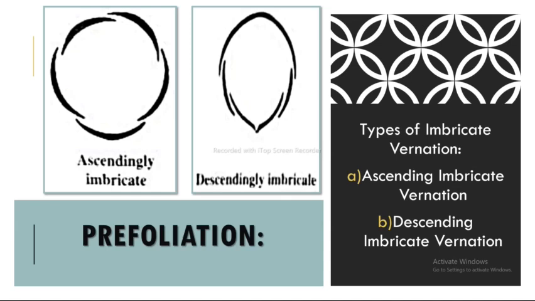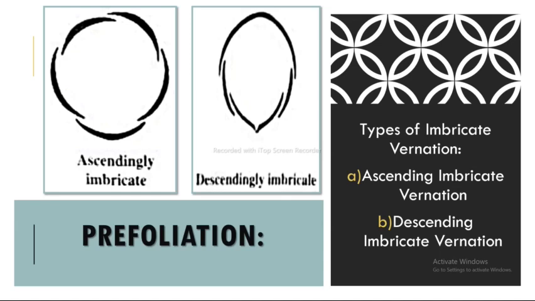The other margin of the two lateral petals is overlapped by the two anterior petals. Here the overlapping of petals begins from the anterior side proceeding towards the posterior side, which is just the opposite of descending imbricate vernation. For example, the petals of Caesalpiniaceae.